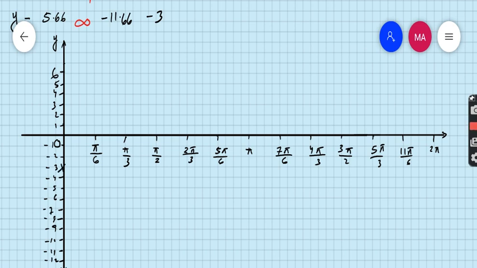This is the first point. When x is pi by 6, y is 5.66. This is 5, this is 5.5 and this is 5.6. When x is pi by 4, there is an asymptote.